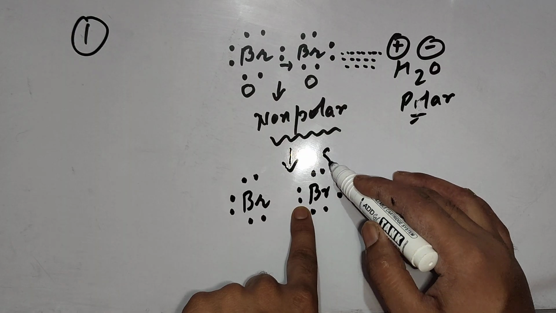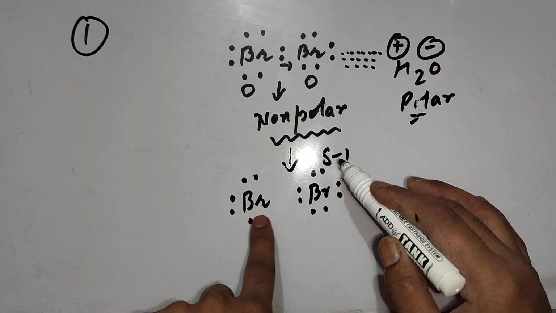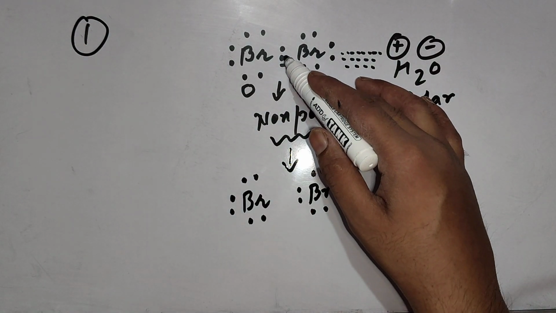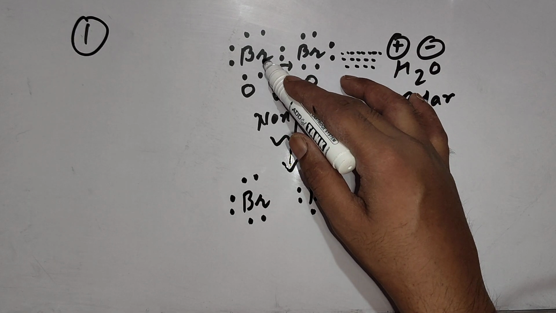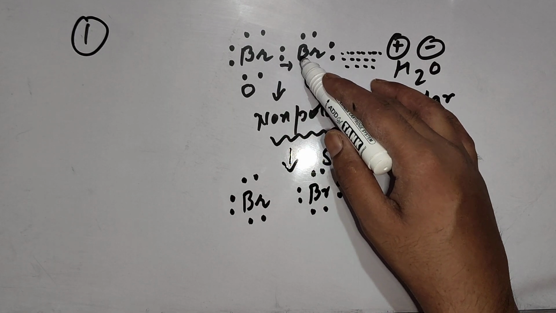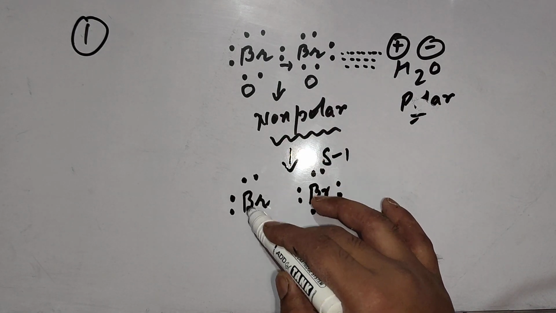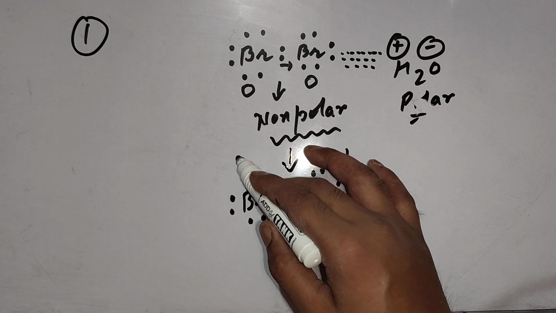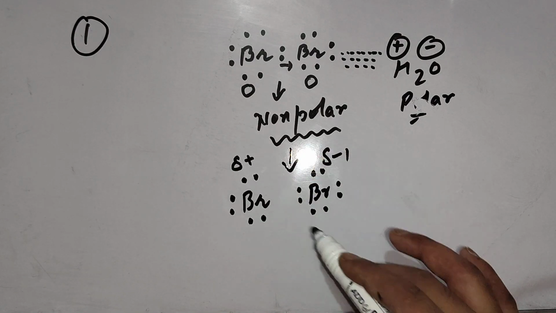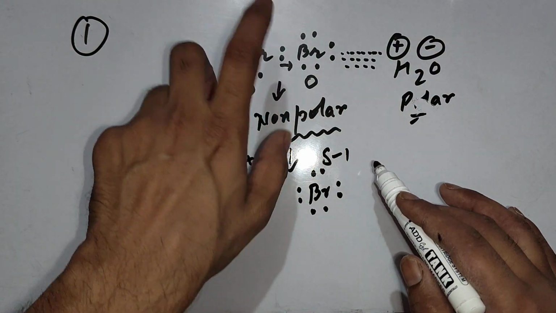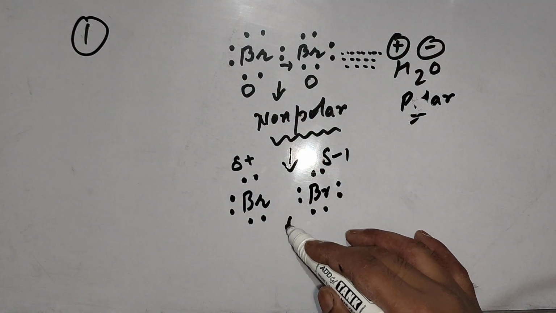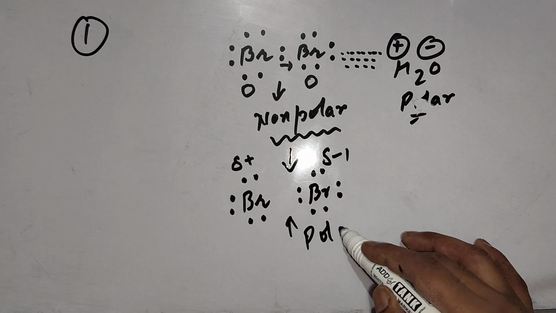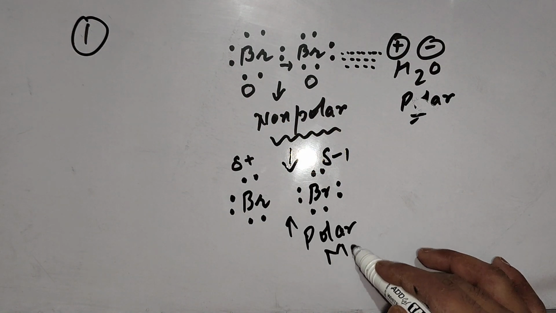So what charge will generate on it? Partial negative. And this bromine, which has lost its electron, this electron was of the left-hand bromine and now it has gone toward the right-hand bromine. So this bromine is losing control on its electrons. So what charge will develop? Positive charge. This means our non-polar bromine molecule turns into a polar molecule.